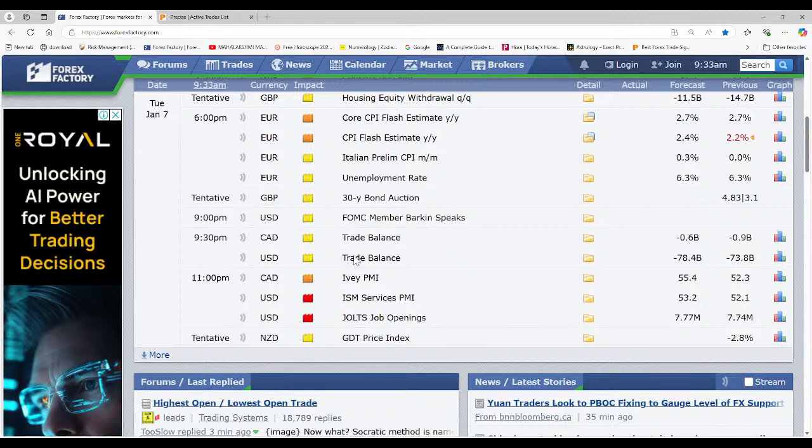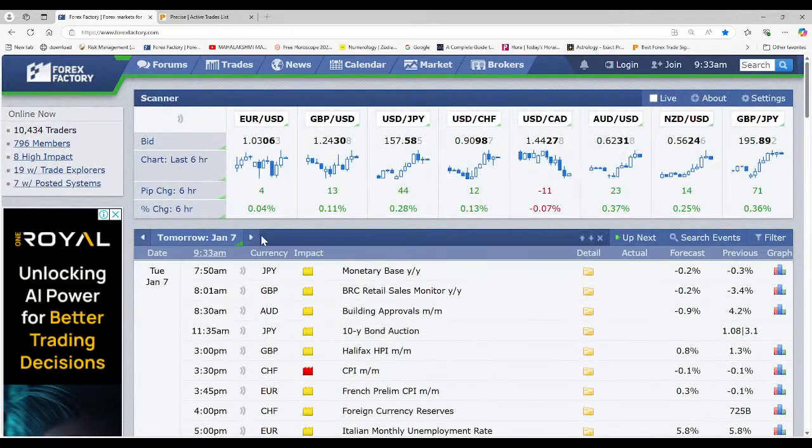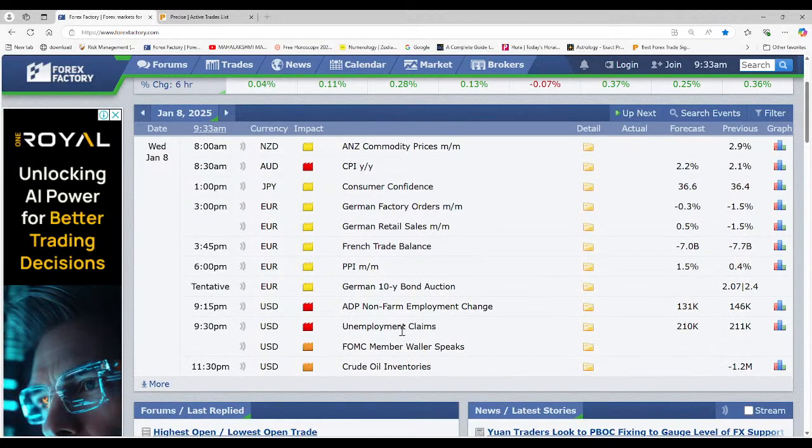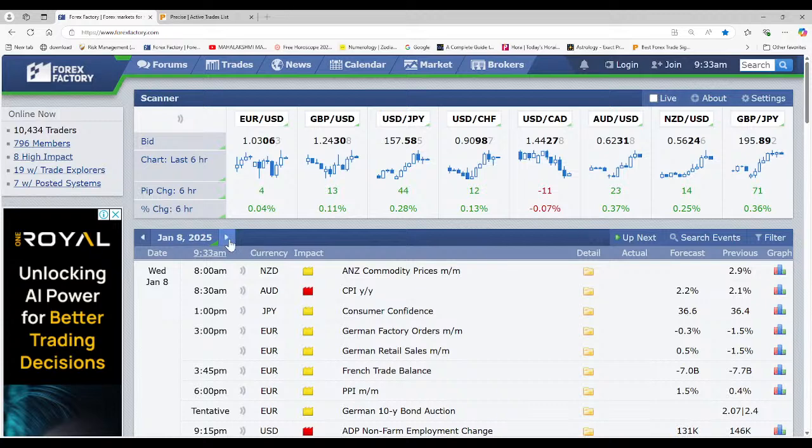From the Canadian we have Ivey PMI, and from the US ISM services PMI and job openings. Then Wednesday morning we have Australian CPI, and from the US unemployment claims and ADP non-farm employment change, followed by an FOMC member speaking and crude oil inventories.